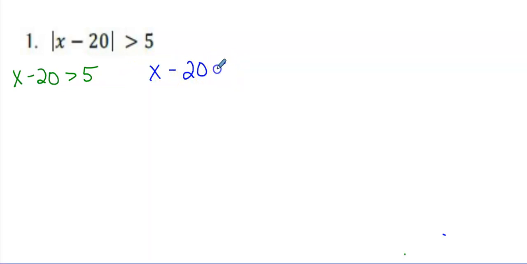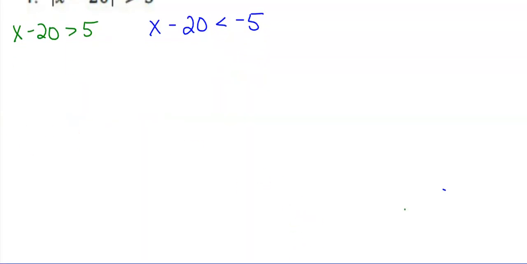X minus 20, and then we reverse the symbol, and we change this 5 to a -5. Now, also, once we've isolated this, that's when we look at whether this is greater than or less than. Because we've isolated the absolute value, this is a greater than, this is going to be an or statement, so that means it's going to be going in different directions on the number line when we draw the number line.